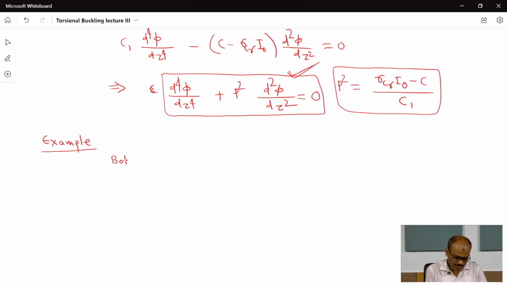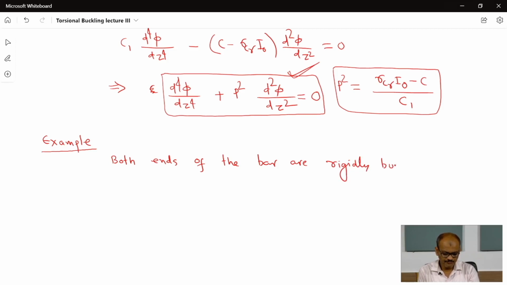Both ends of the bar are rigidly built and cannot warp, that is, completely restrained.